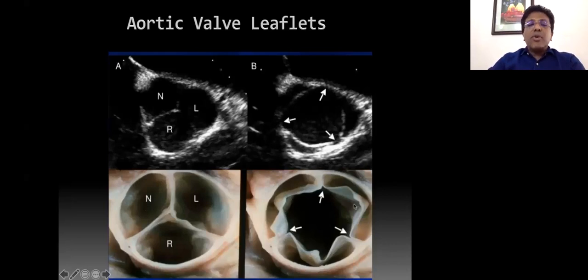You can see it's a wide opening. If you look carefully, this is also the Benz sign. You can see the tri limb sign of the Benz, and when this is present, almost invariably the aortic valve is normal. So this is the normal aortic valve.